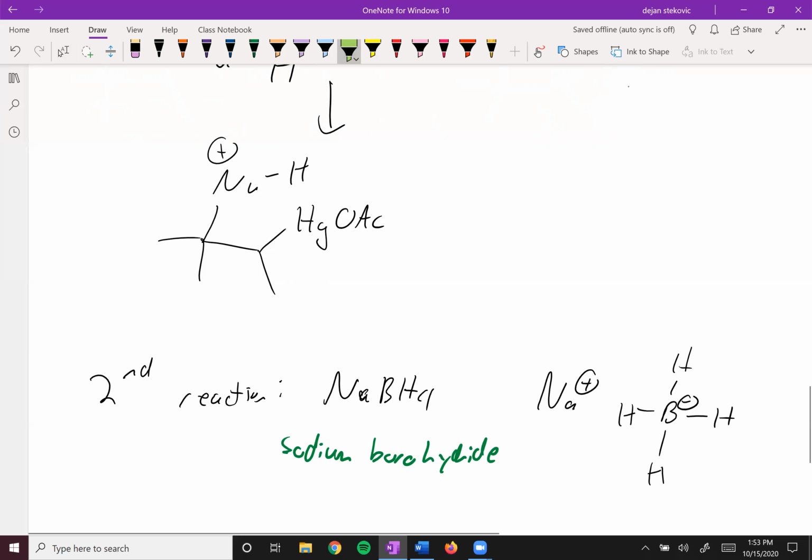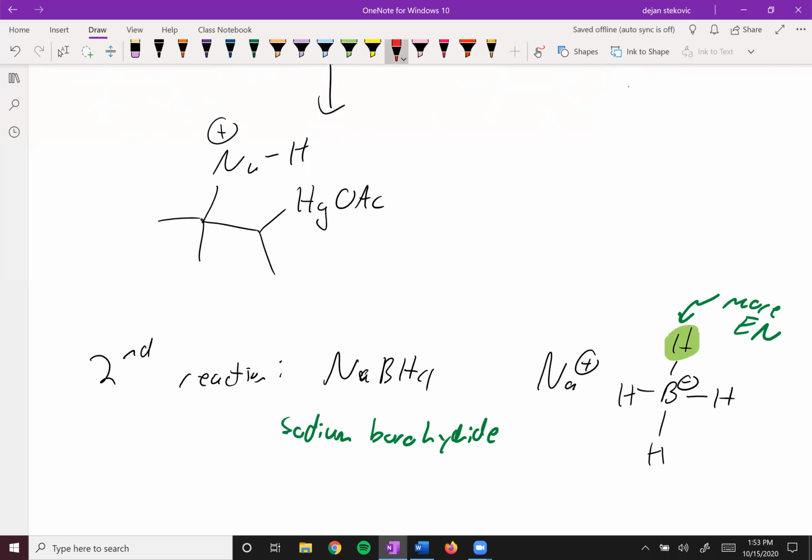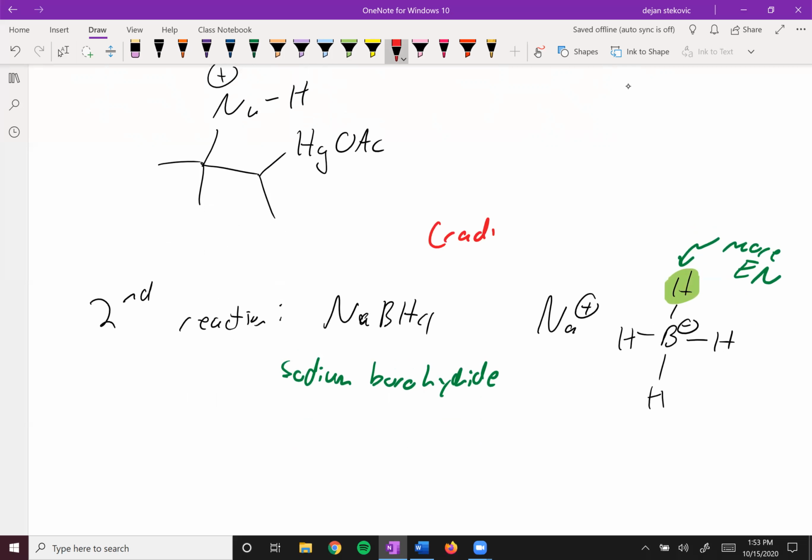And even though the boron has the negative charge, hydrogen is actually more electronegative than boron. And so it's actually what bears more of the electron density. So we won't look at the mechanism behind this. This is some kind of radical mechanism and is beyond the scope of this course.